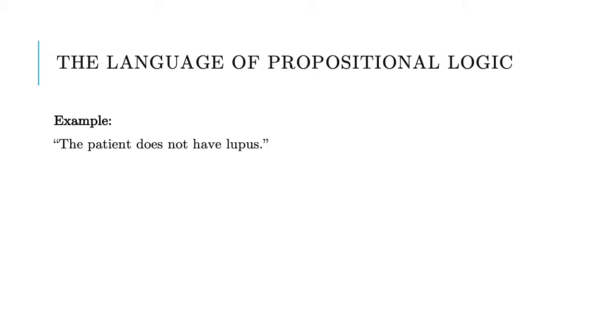Consider the patient does not have lupus. For our key, we'll use L to denote the patient has lupus. Our translation then yields not L. The patient does not have lupus.